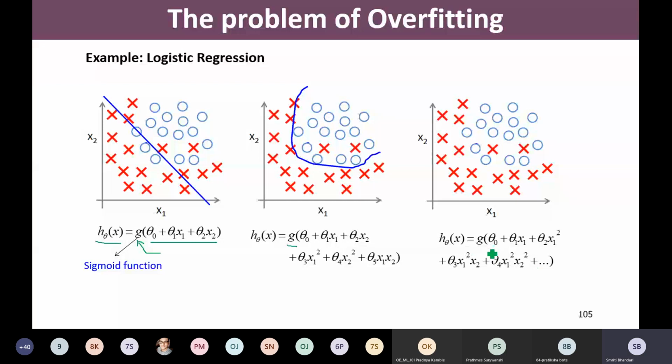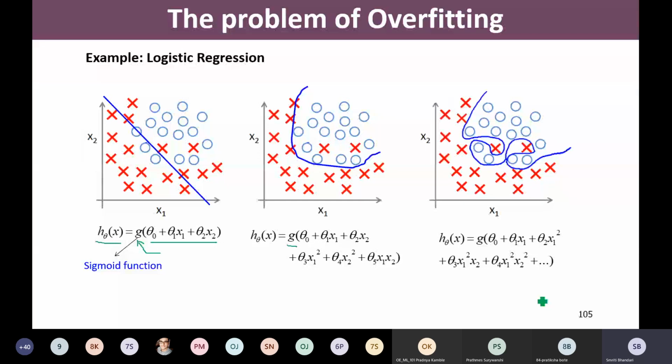But if we further go with a hypothesis like this, it is a very high order hypothesis. We are having lots of terms here, theta 0 plus theta 1 x1 plus theta 2 x1 square plus theta 3 x1 square x2 and so on. If we are having such a complex hypothesis, then this hypothesis may try to fit each and every sample. See here the curves.